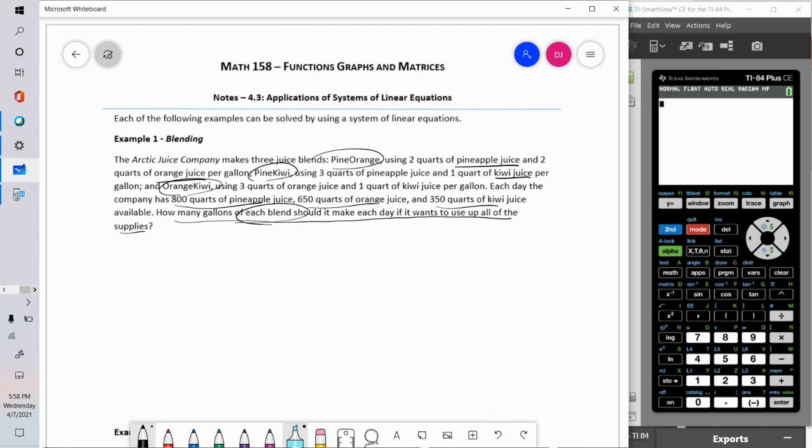Okay, so I can set up a table, I can set up a concept, right? We've got pineapple juice, we have orange juice, and we have kiwi juice. We have the pine orange blend, the pine kiwi blend, and the orange kiwi blend. Okay, let's make a little table here.